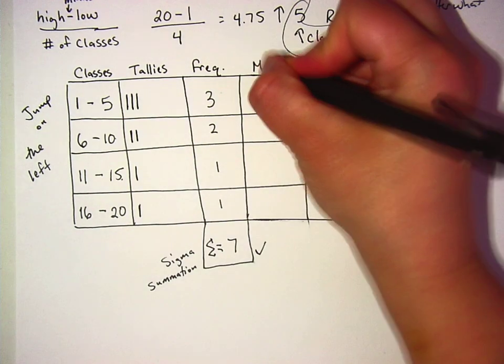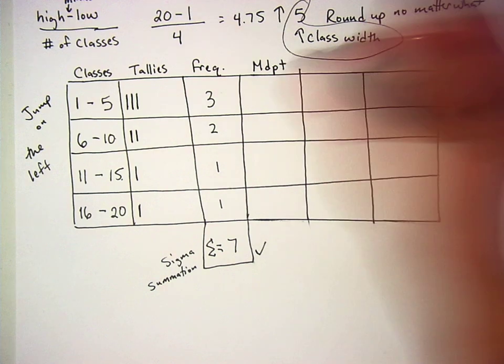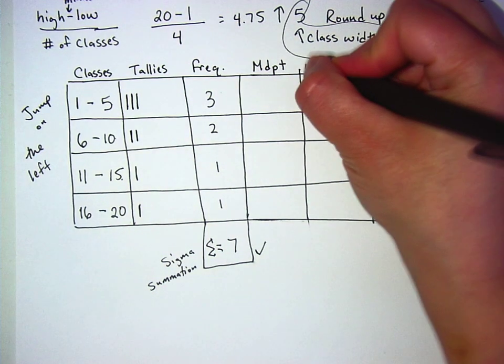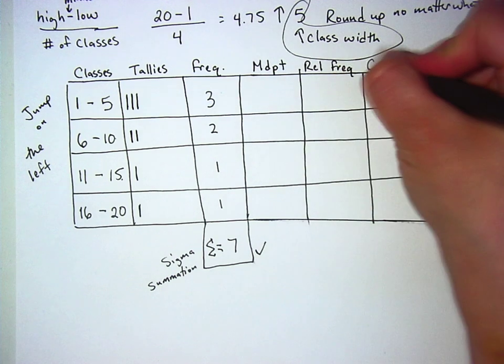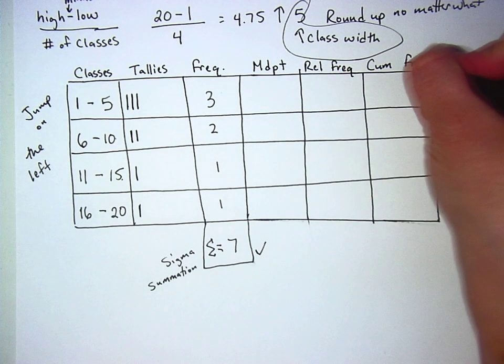Next thing we're going to figure out is the midpoint of each class, and then the relative frequency, and the cumulative frequency.